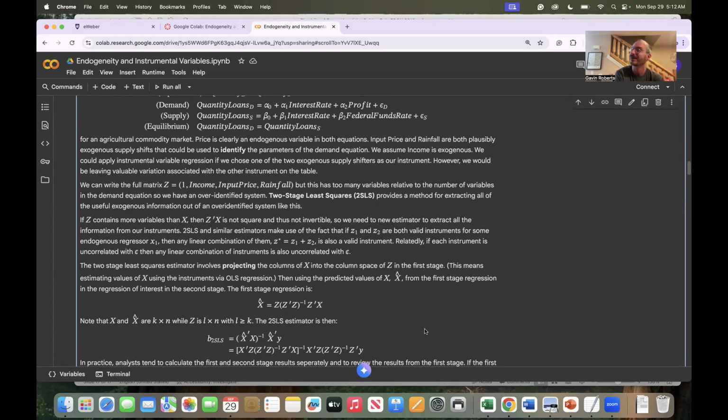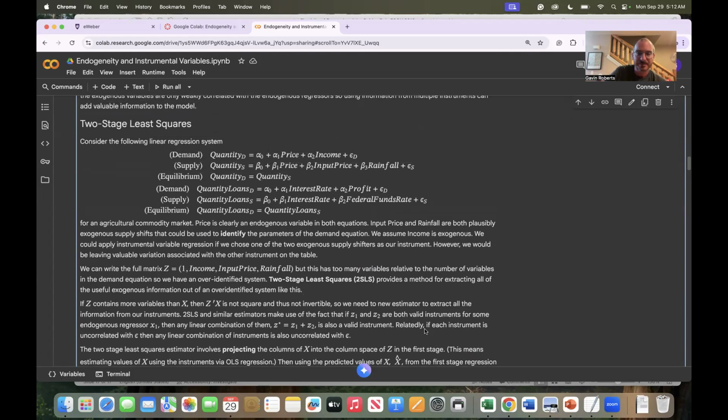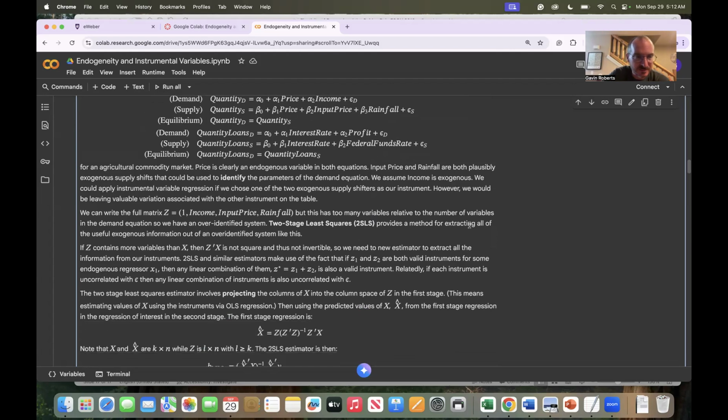So we often say plausibly exogenous. That means I can come up with a theoretical argument that rainfall is exogenous to the system. Namely, the quantity supplied and the price don't impact rainfall, but rainfall does impact those things. So that would be the argument to say that something is plausibly exogenous.